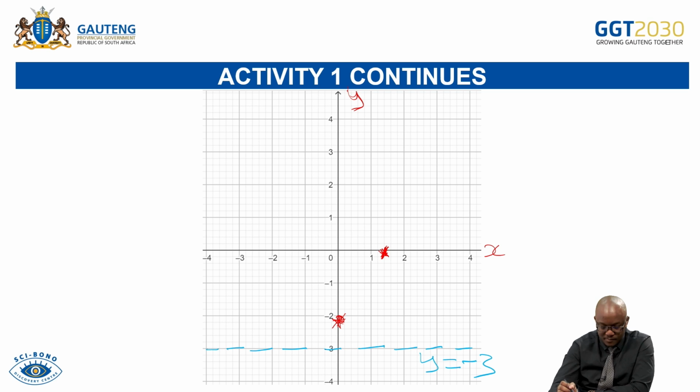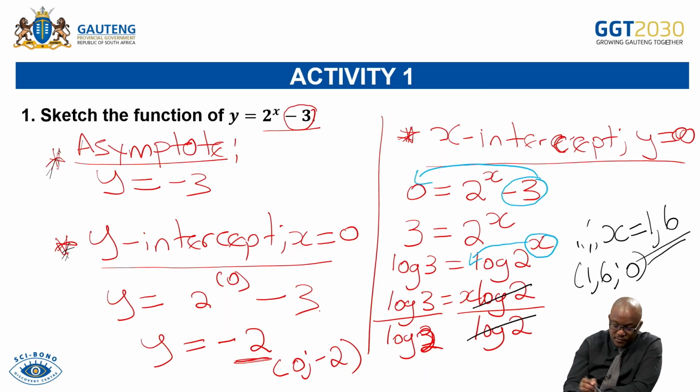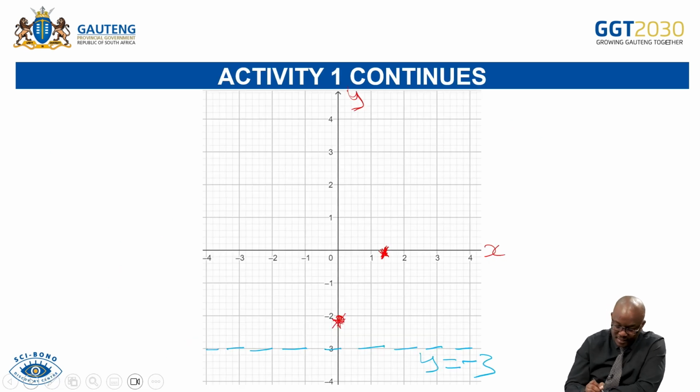Then in this case, you will know that the value of b is greater than 1, which means our function is an increasing function.